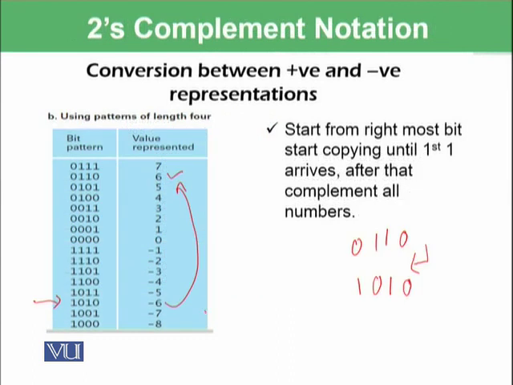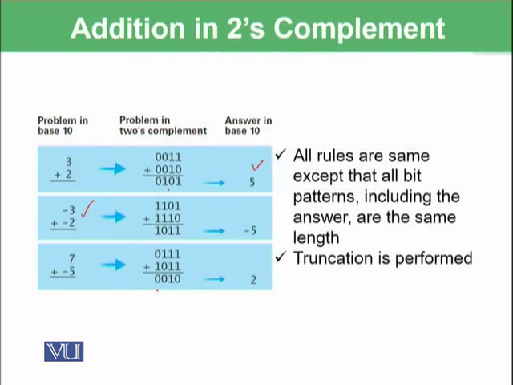You can see on the previous slide that 1011 is representing -5, and then 7 plus -5 is giving you 2. That is perfect. So all rules are the same except that all bit patterns, including the answer, are the same length.